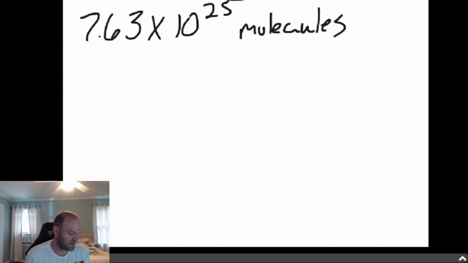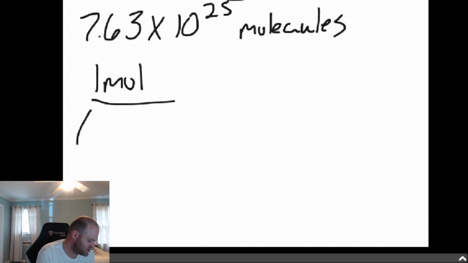Now we want to solve for moles. So let's do our conversion. We said 1 mole is equal to 6.02 times 10 to the power 23.